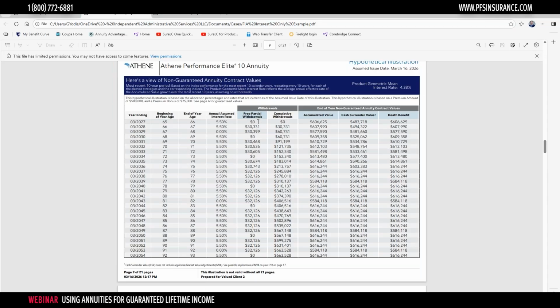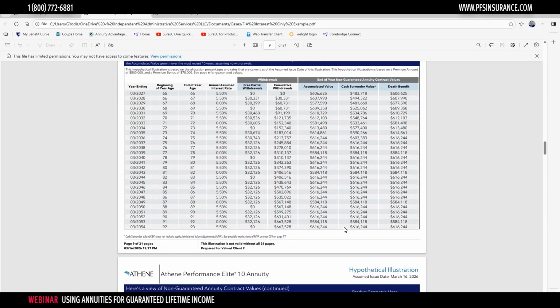So this is where the unpredictability comes in with not having it tied to an income rider. But you could see he's getting more than you would get in the multi-year guaranteed annuity, as long as the S&P hits that cap, and he's still being able to take out, in some cases, 30,000. In other years it goes up to 32, but he's not touching his principal, right?